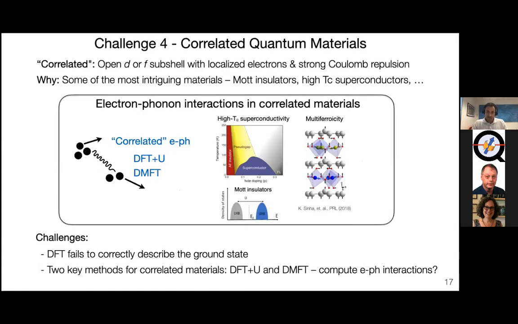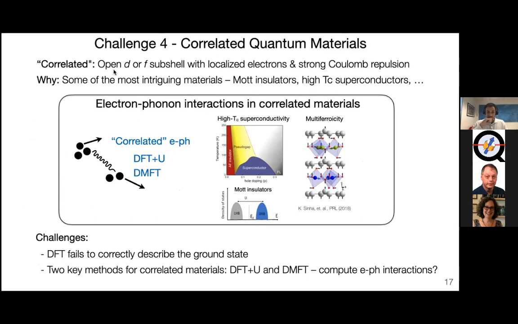The second aspect of quantum materials that I wanted to show you are so-called correlated systems. In particular, there are many transition metal oxides where electrons occupy highly localized D or F electronic states.